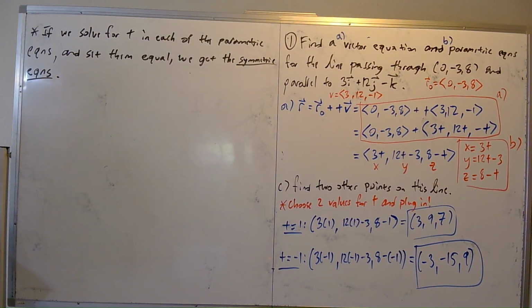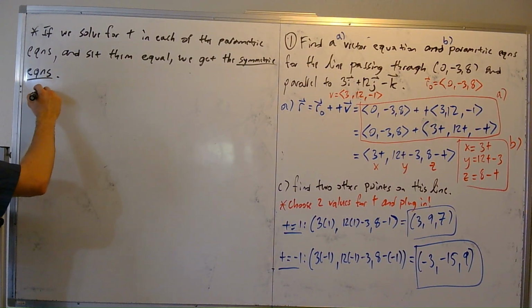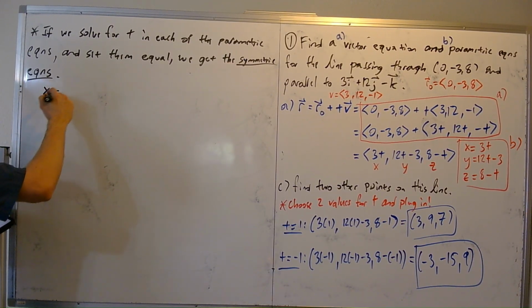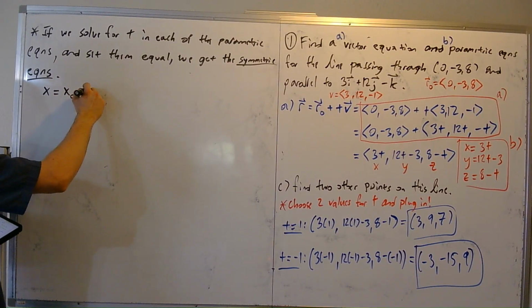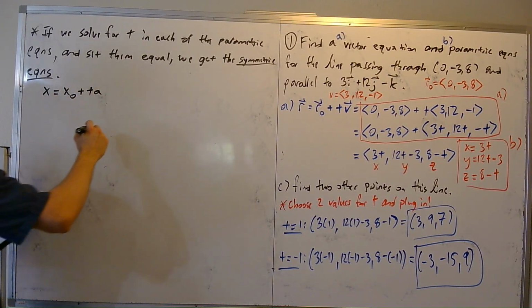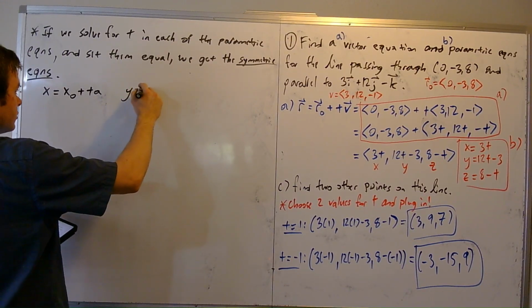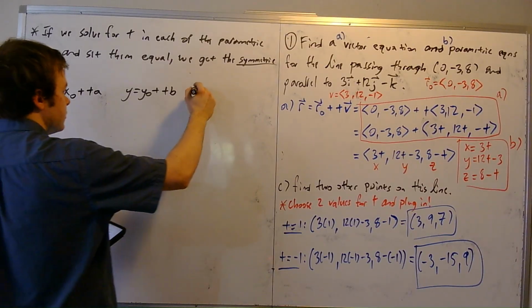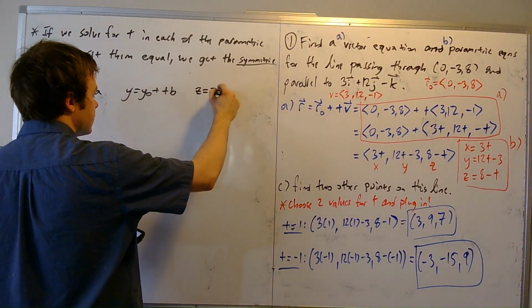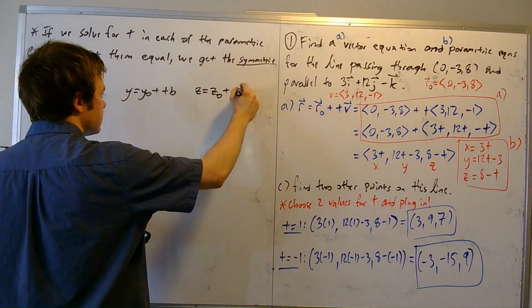Okay. So if we write down the parametric equations, that's what we solved earlier. So x was equal to x0 plus t times a. Y was equal to y0 plus t times b. And z was equal to z0 plus t times c.